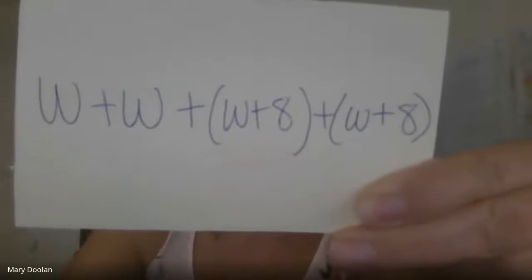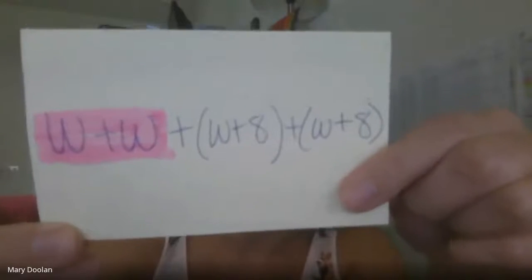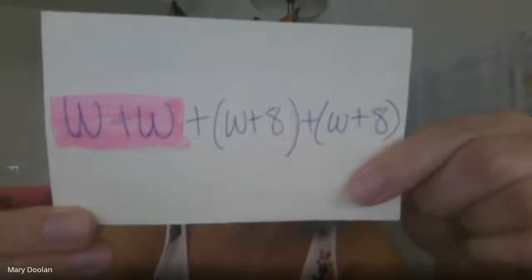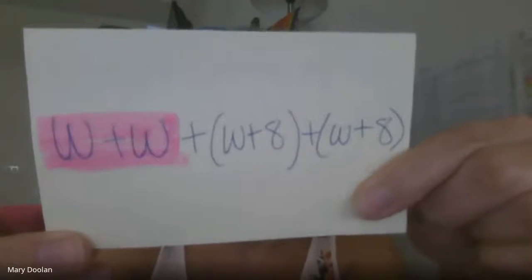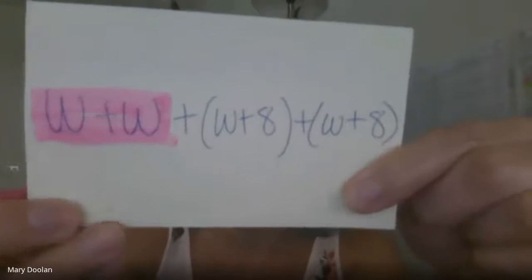Now, right here, W plus W, remember there's invisible 1s in front of our W's. So we add the coefficients. 1W plus 1W is 2W.